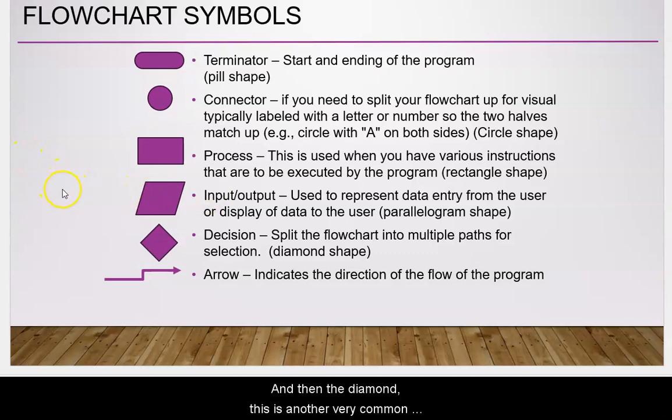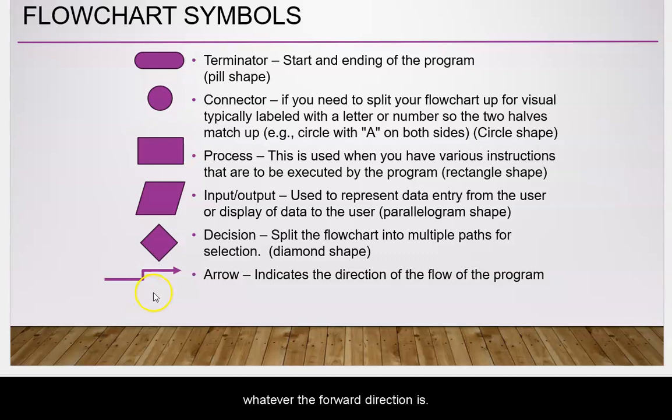And then the diamond. This is another very common one that we use, and it's diamond-shaped for decision making. What's good about this is usually what flows down is whatever's going to continue on in the program, the forward direction.